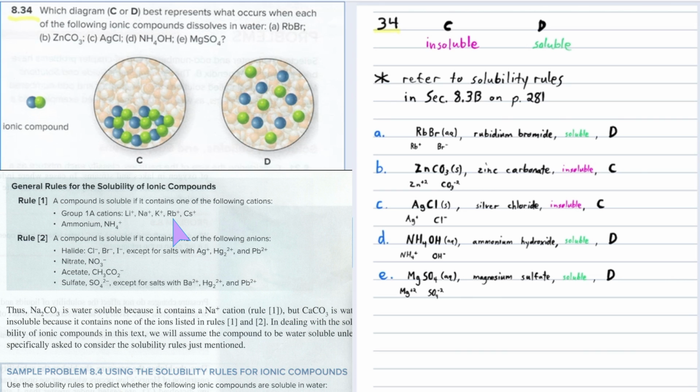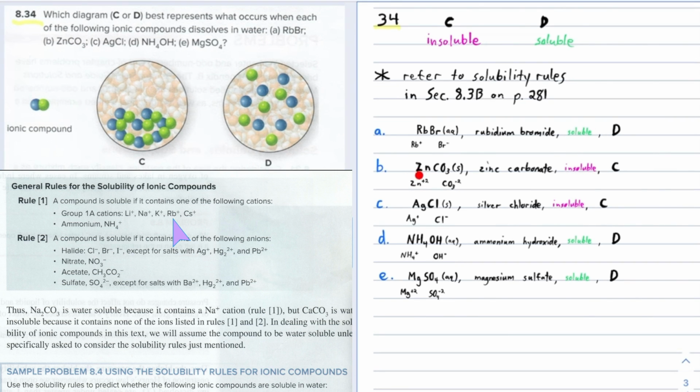Now what's next? This one right here, so that's zinc and then carbon and 3 oxygens. So this is a zinc plus 2, and that's a polyatomic anion, the CO3 minus 2. So this is called zinc carbonate because that's zinc and that's carbonate.